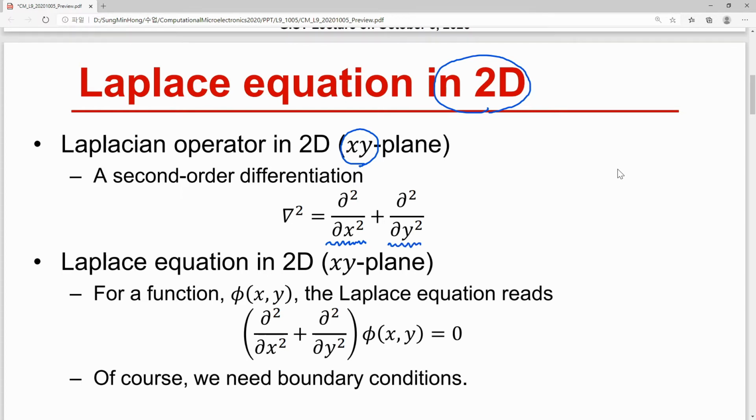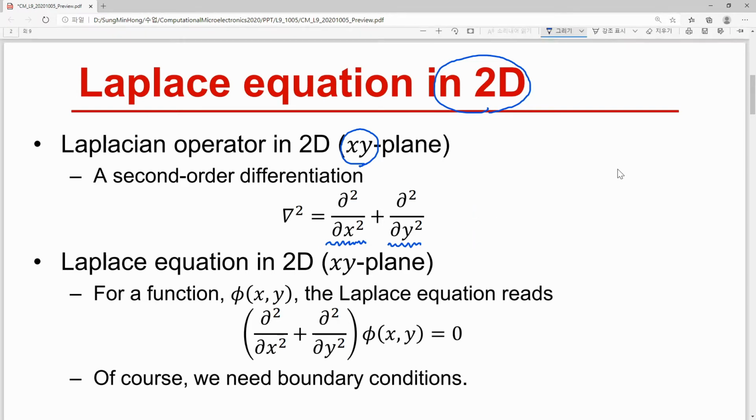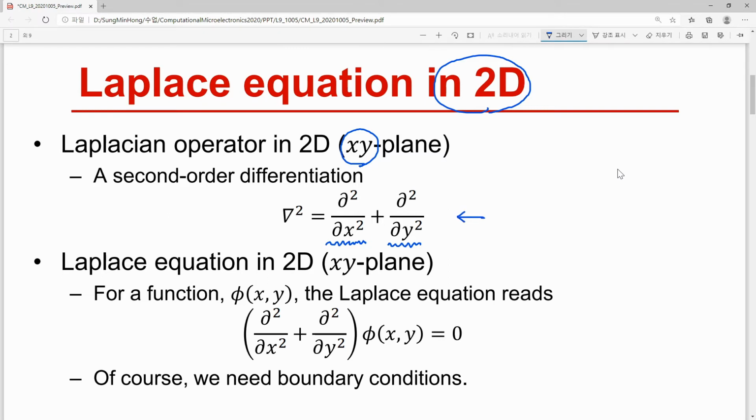Okay, now we have two different operations. Since now we have the Laplacian, the Laplace equation can be easily written in this form. Laplacian of our solution function phi should be 0 everywhere.